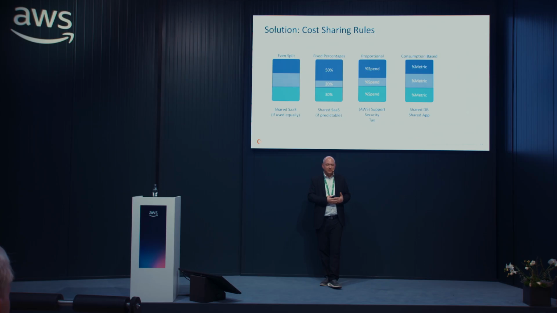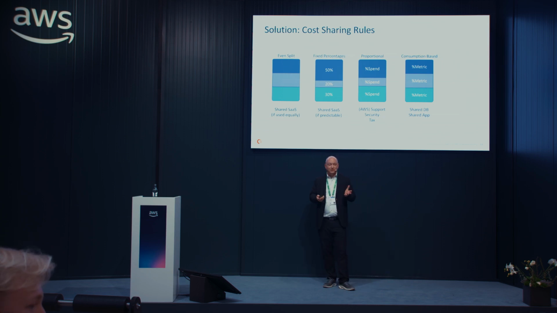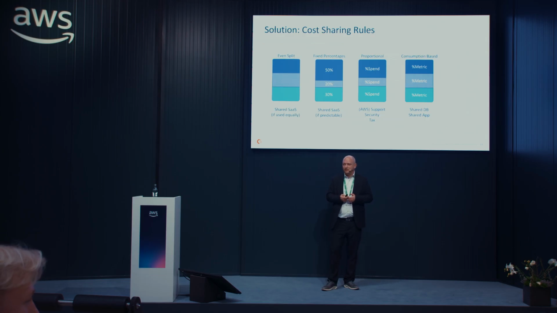If you want to do it really fair, you could use a consumption-based split. That means introducing another metric: number of users, number of transactions, number of the actual resources consumed on that shared environment. This makes it a bit more complex. You have to implement some rules to allocate these shared costs, so you need to think about whether it is worth the effort.